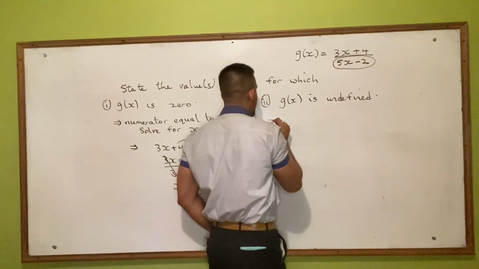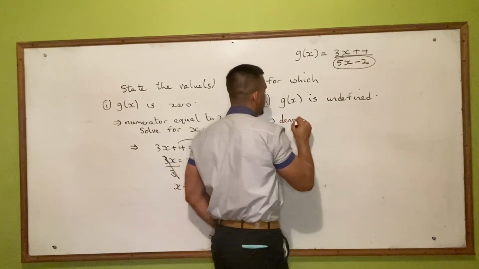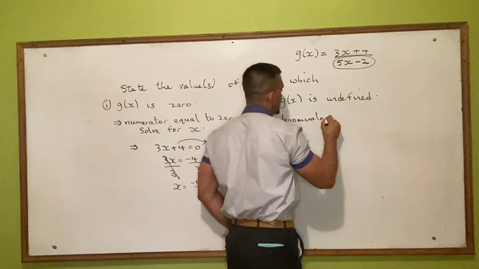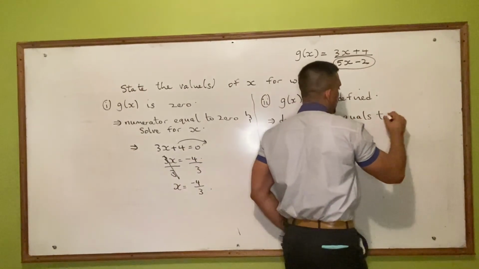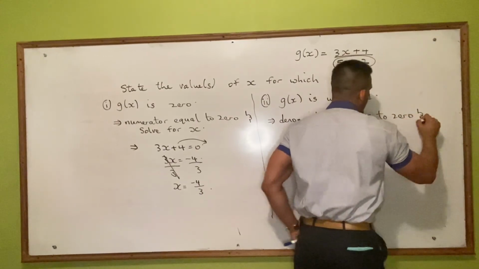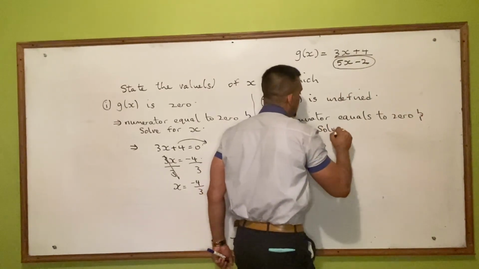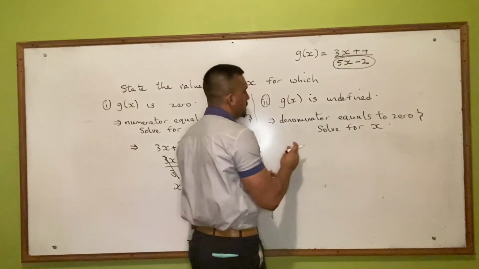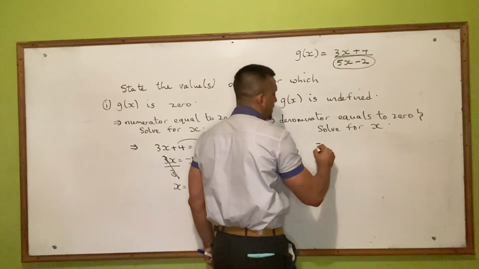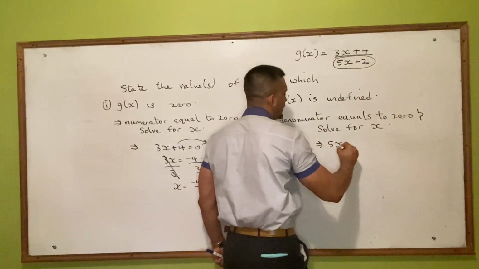So we place it here: denominator equals 0, and solve for x. Your denominator in this case is 5x minus 2.